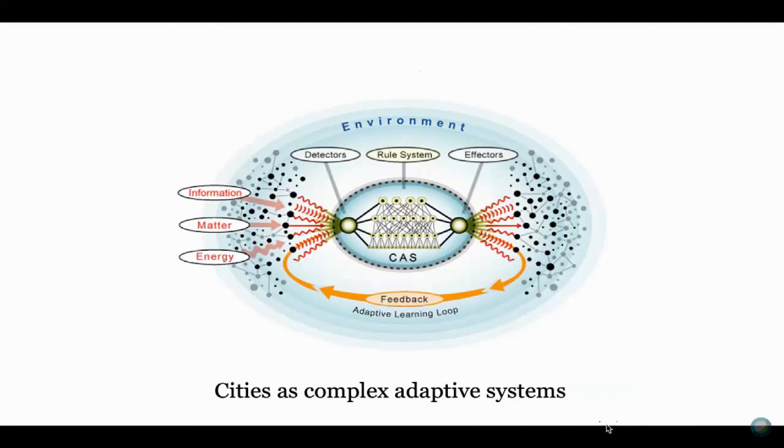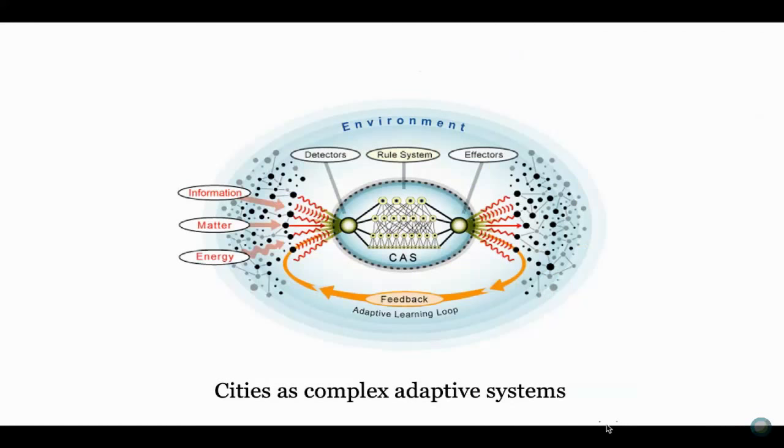We are currently working on the idea that cities have to be considered as complex adaptive systems. Complex because the overlay of simple systems does not adequately describe the interactions within them. They have to be adaptive. Cities evolve and accommodate unexpected activities.